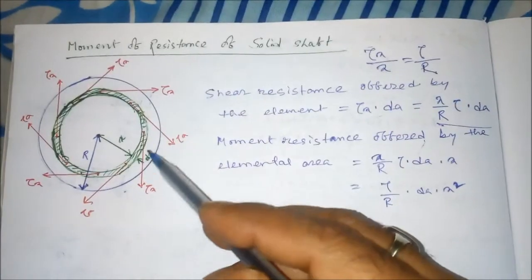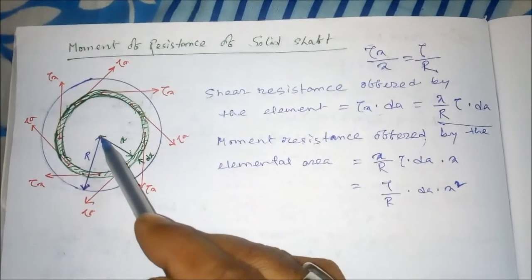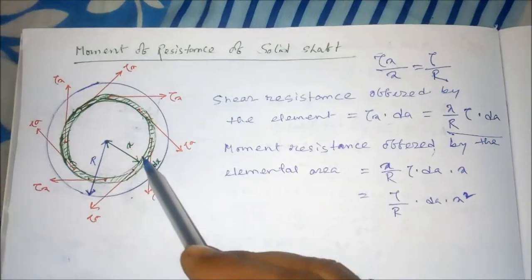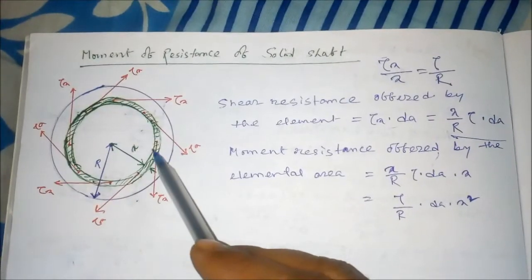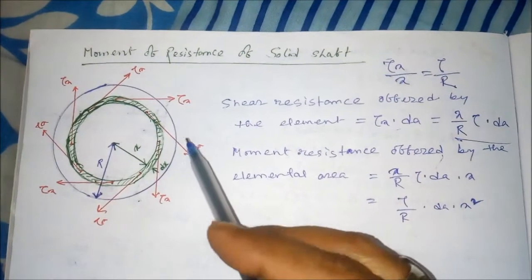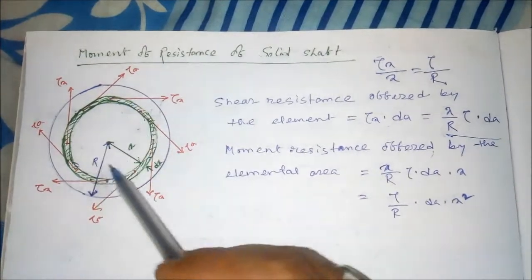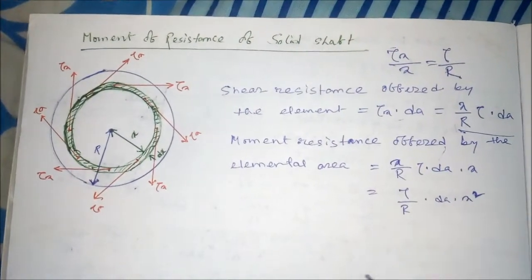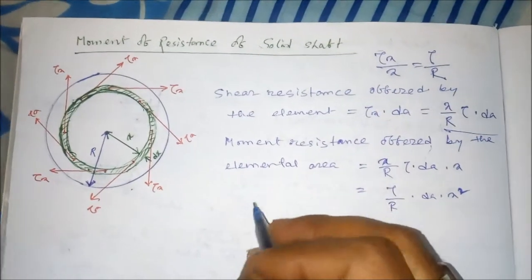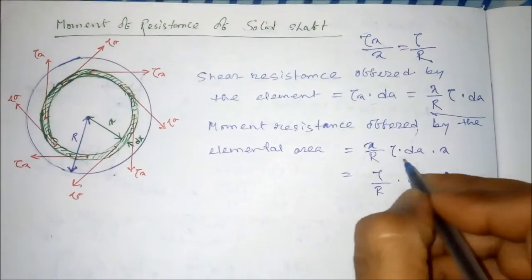All the force will produce some moment with respect to the center, equal to the force multiplied by the distance. This distance will be x all through. So the shear stress multiplied by the area gives the force, multiplied by the distance, you get the moment resistance, right? So this is the elemental moment resistance.